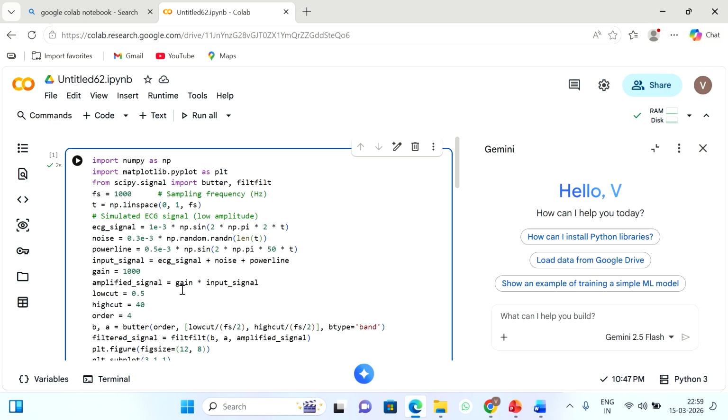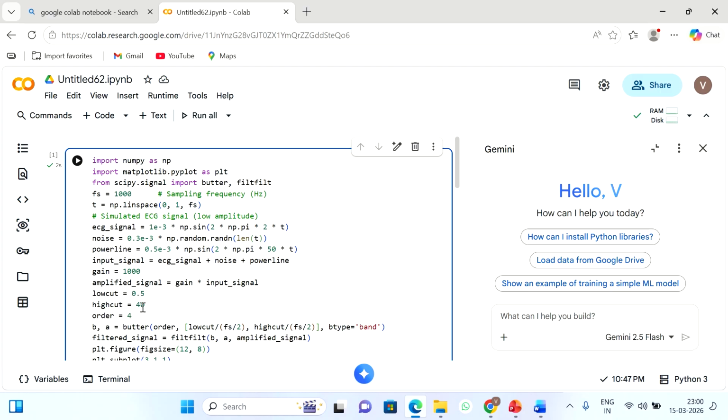Normally 1 is nothing, and 2, 3 are automatically higher order, but still if we take 4, it is expensive, but at the same time the filtering will be very steep, a very high filter action will happen. That is why a higher order filter, that is a fourth order filter, we are going to take here.